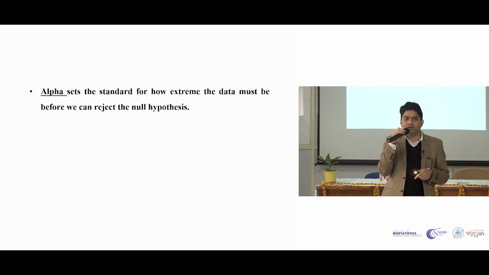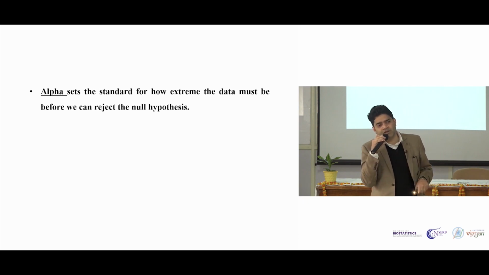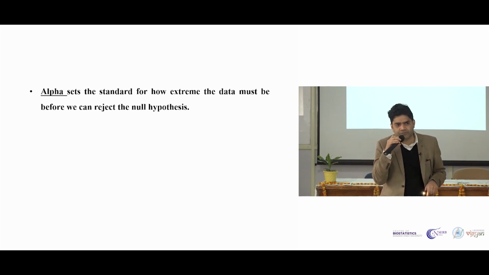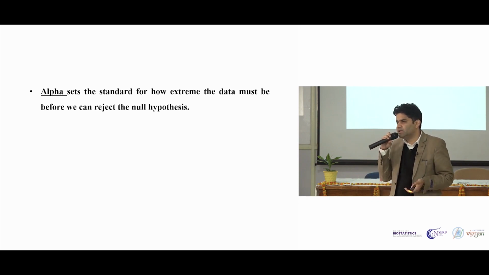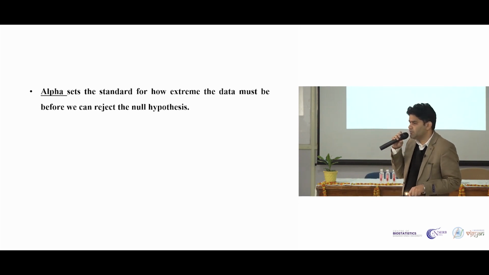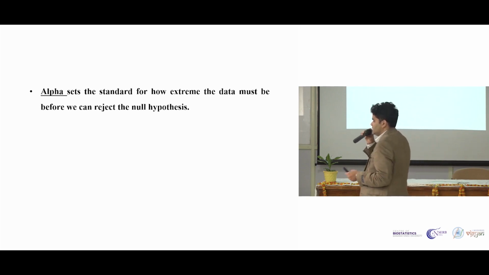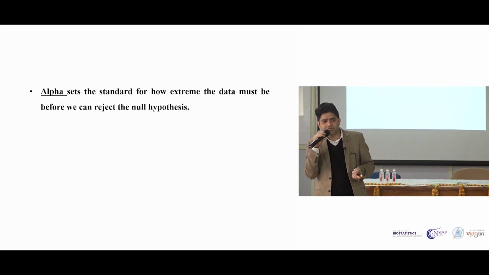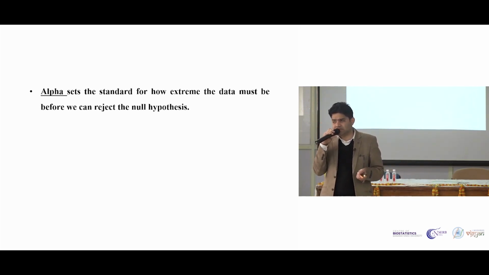Generally, if you are dealing with mean or proportion, for a 95% confidence interval the Z value we have is 1.96.